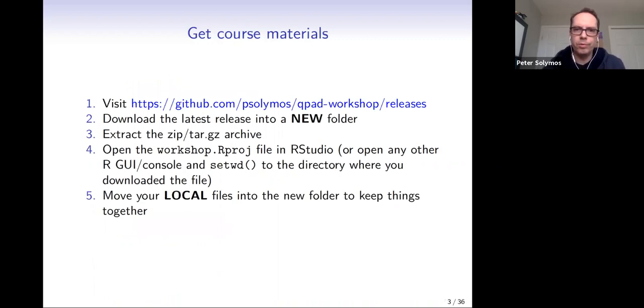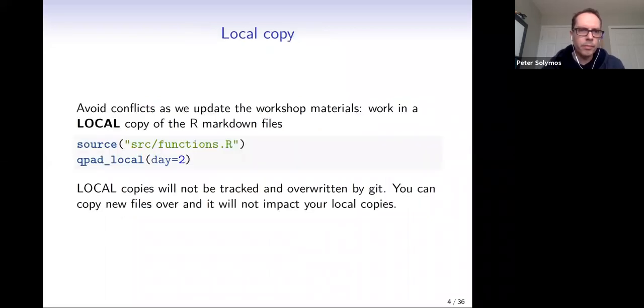As I showed to you, if you go to the releases page, you can download the zip, unzip, double click on the workshop file to open it up in RStudio, and then you can create your local copies if that's something you'd like to do. This is how you create your local copies. You source the functions file and then say QPAD_local day 2.